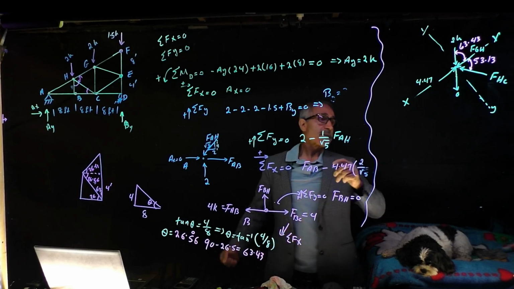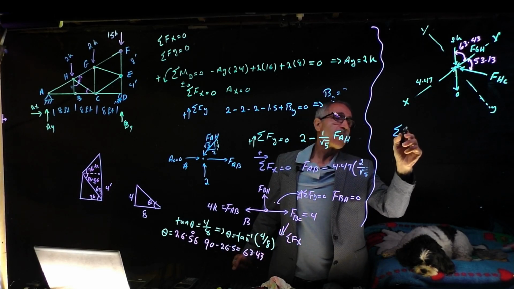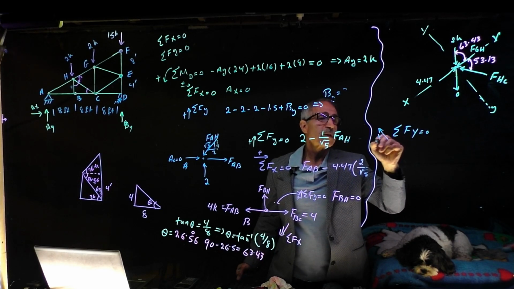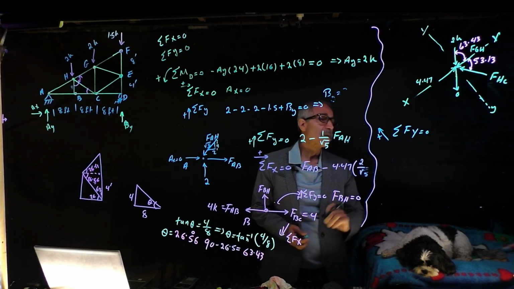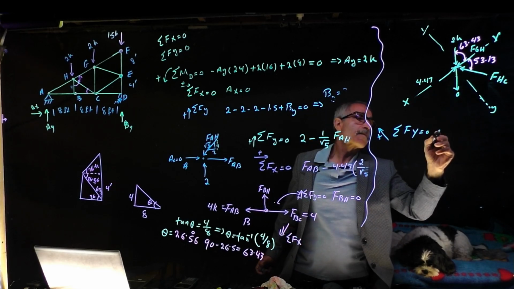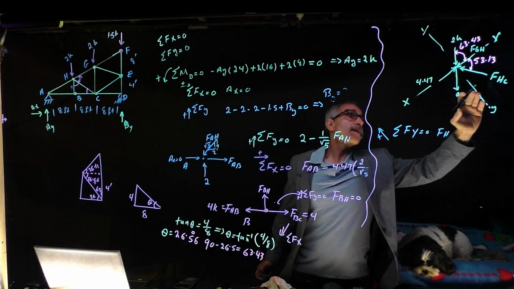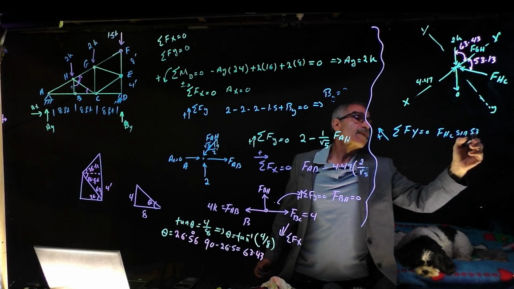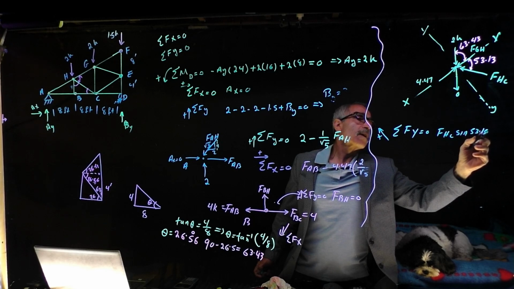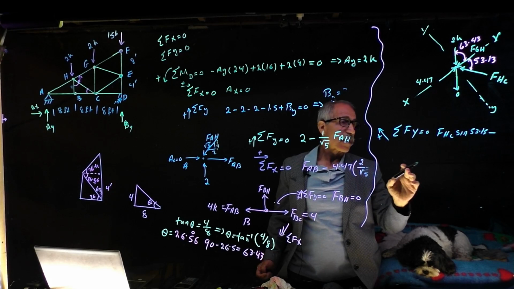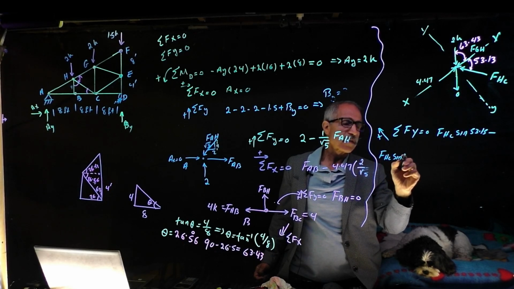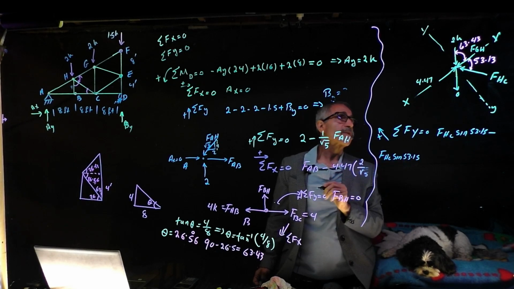And now I can go, okay, summation of F of y is equal to 0, and y is going this way, positive. So now I'm going to have F of HC. That's going to be positive, sine 53.13, minus, I'm going to bring it over here, F of HC sine 53.13, that's 1.